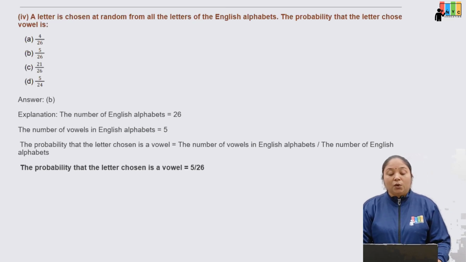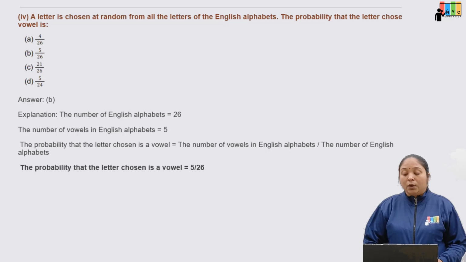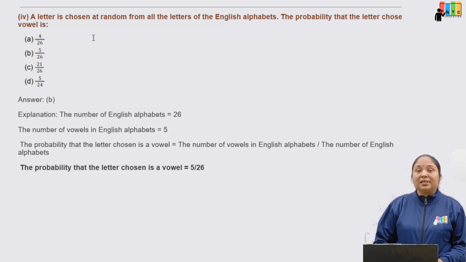Fourth question is of probability. A letter is chosen at random from all letters of the English alphabet. Now, how many English alphabets are there? 26. The probability that the letter chosen is a vowel is. Now, vowels, how many vowels are there? 5.